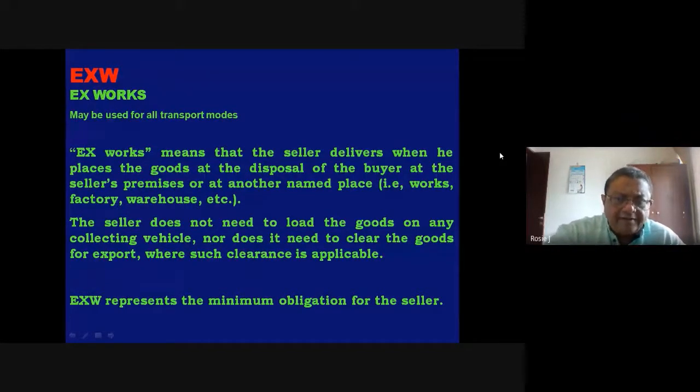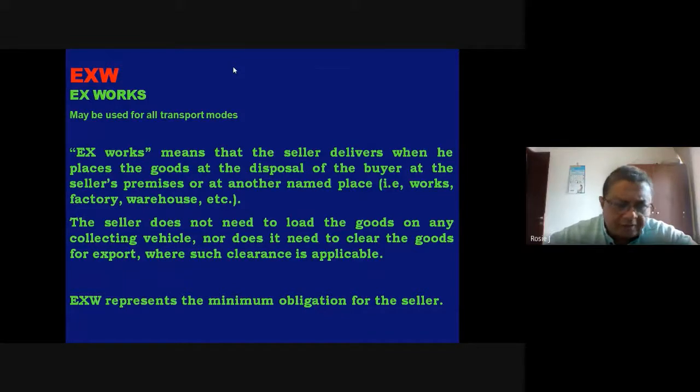They agreed on that. So anything that the exporter does is finished by keeping the goods ready. This is the safest term for the exporter, but the most difficult term for the importer, because from the time the goods are in the warehouse of the exporter ready to be taken by the importer, it is the importer's responsibility.